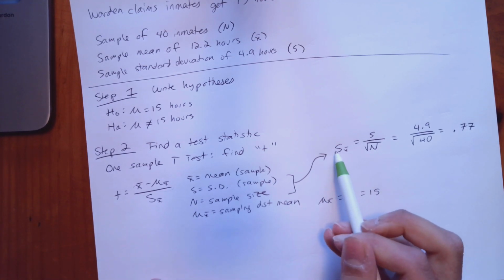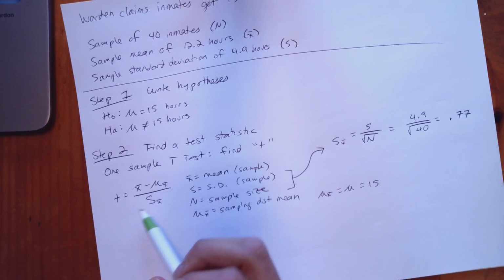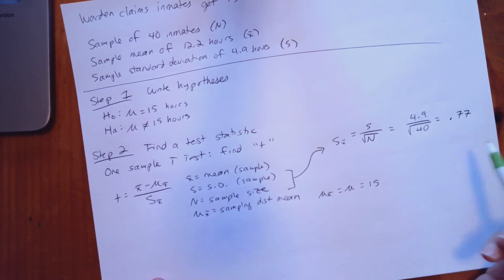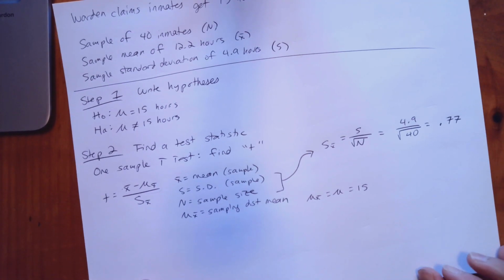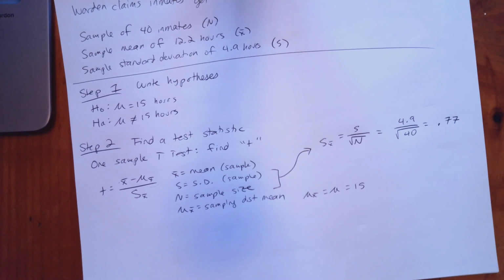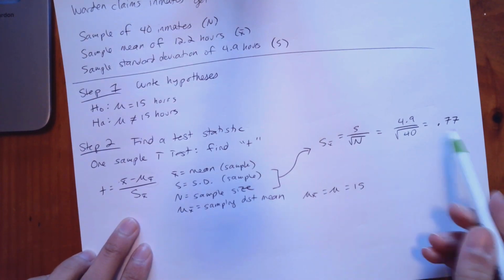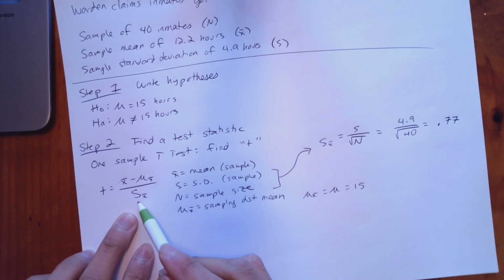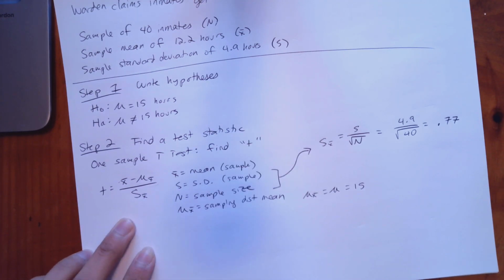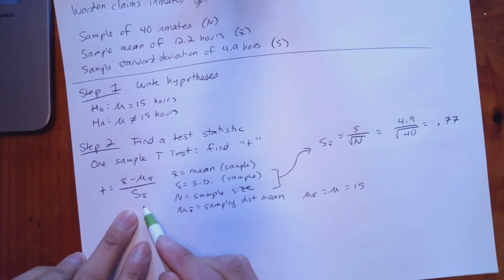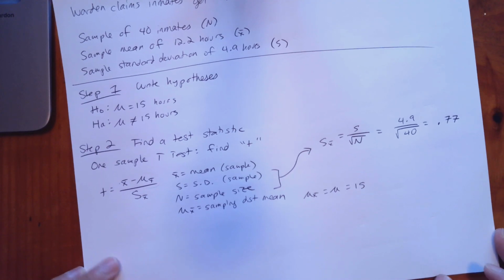So our S sub x bar that we're going to be plugging in to get our t-statistic is equal to 0.77. One thing to look out for when you do these problems, make sure you do this calculation first. Don't just plug in the sample standard deviation here, because then you get the wrong answer. You have to have this S sub x bar in the bottom.